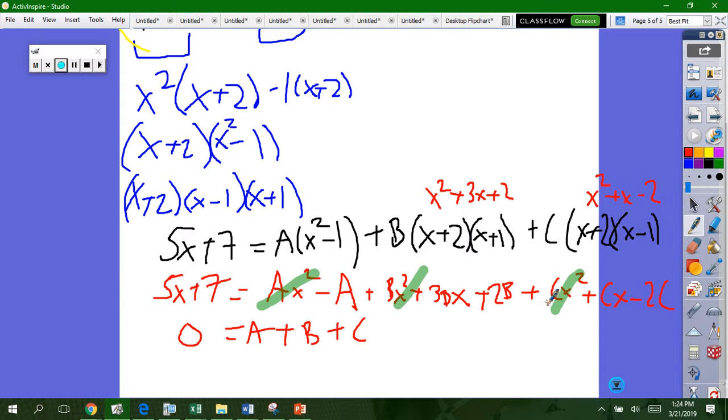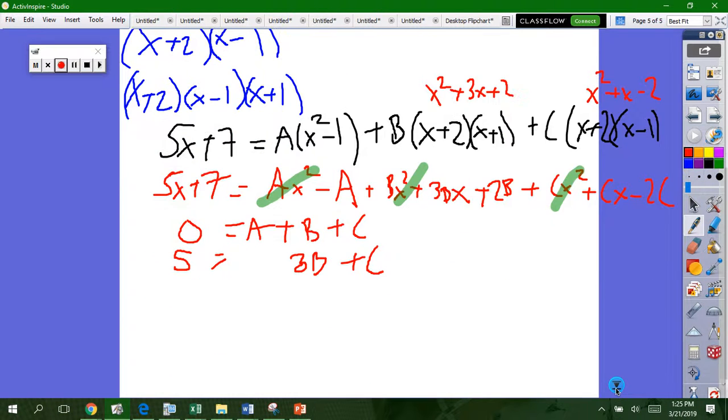Okay? Now what equals 5? The number in front of x's. Well, that's 3b plus c, because that's the number in front of x. Does everybody see that? Let me go ahead and put him underneath where he needs to be. And then 7.